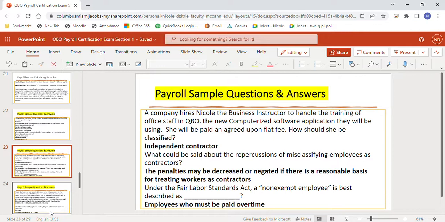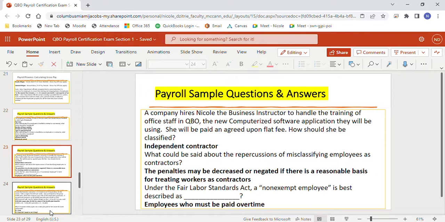Next question. What could be said about the repercussions of misclassifying employees as contractors? The penalties may be decreased or negated if there's a reasonable basis for treating workers as contractors. So that's that term again, reasonable basis. As long as you have a reasonable argument as to why you made your workers contractors, then maybe your penalties can be decreased or negated.